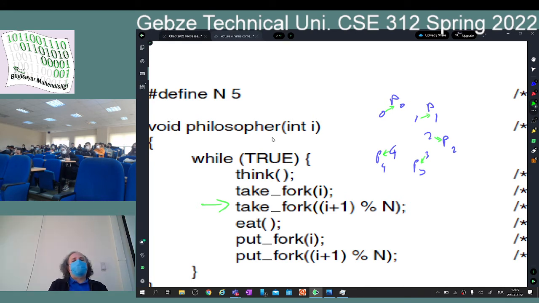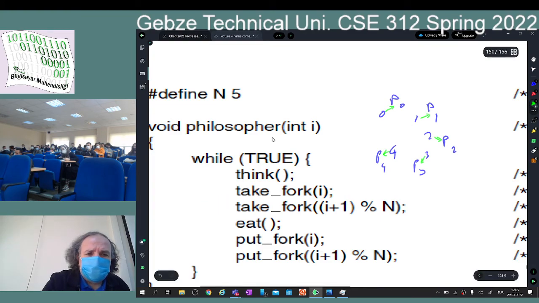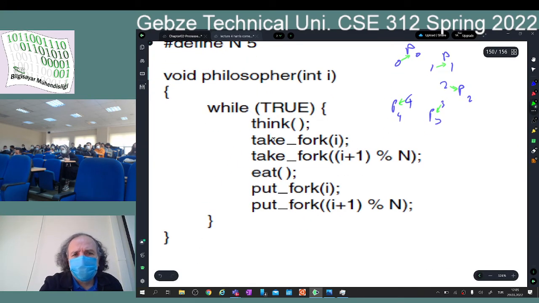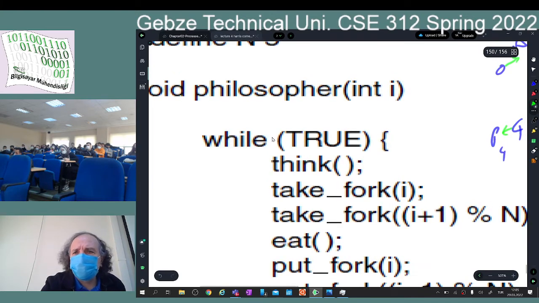So how do I prevent this from happening? Well, I didn't do anything about process synchronization. I have a suggestion for you. How about this? I am going to define a mutex.